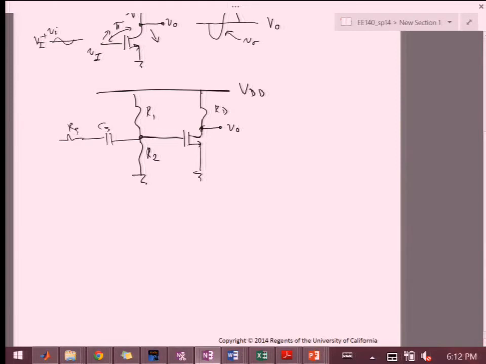I have my RS, and then I have my R1 and R2. The nice thing with the bipolar was that we made sure the current through R1, R2 is much larger than the base current, so we can do the voltage divider.